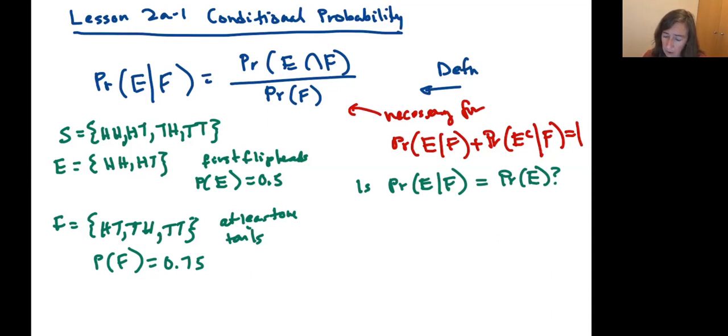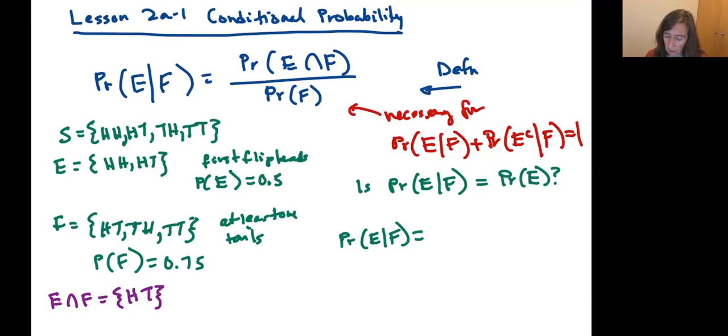So using the formula here, the probability of E conditional on F, I'll need to calculate the probability of E intersect F. So let me just write that over there. E intersect F is, let's see, looks like just HT, right? That's the only thing that's both in E and in F here.